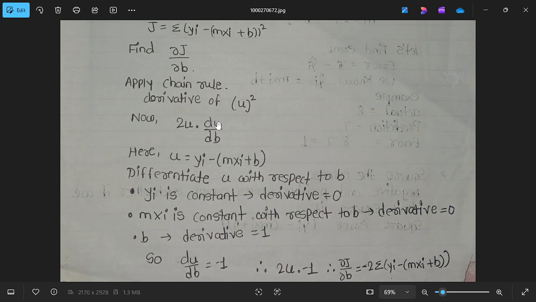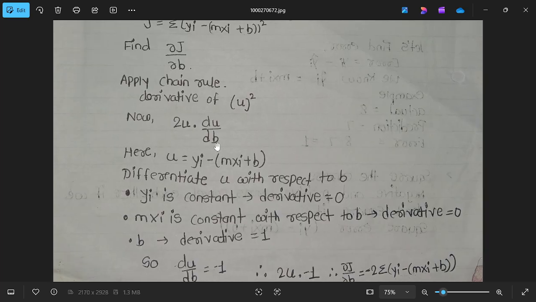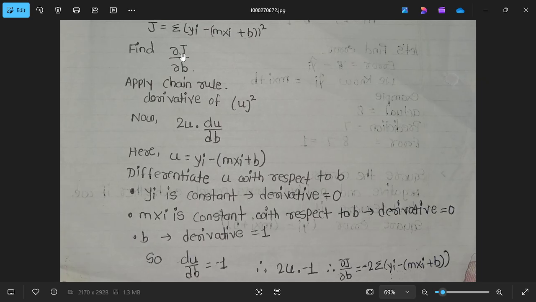Let me tell you clearly: we have taken the power of u square here, and now we have to multiply it by the differentiation of u. This u is the inner function. First we differentiated J with respect to b, and now we have to differentiate u with respect to b.